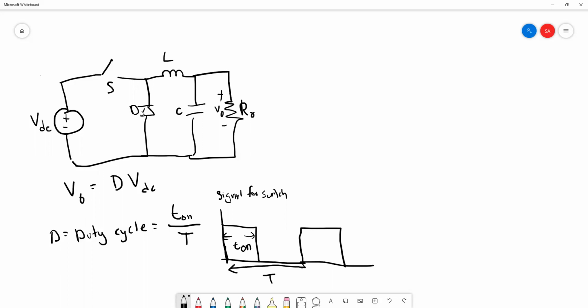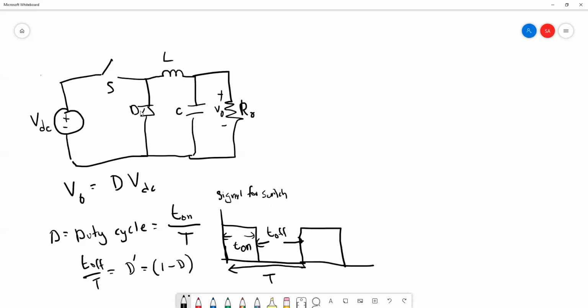So the duty cycle is T on over T, and this is the time of T off. So T on over T is the duty cycle. T off over T we refer to as D prime, or you can write it as 1 minus D.